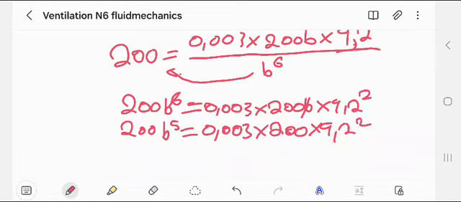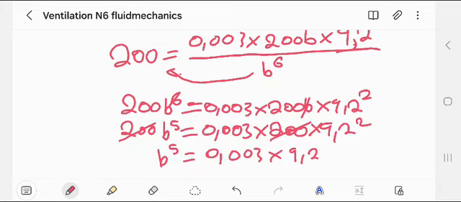In actual fact, I have b on this side, also on this side I have b. We can simply divide by that b, so I will be left with b to the power of 5 and 0.003 multiplied by 9.2 squared. Then I multiply these two.